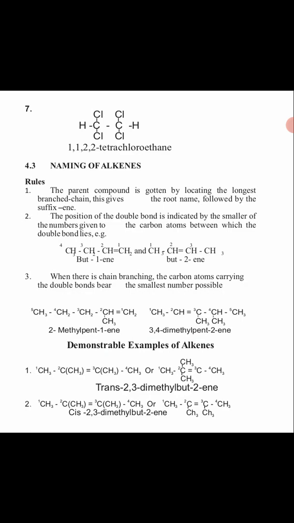You have to give the smallest possible number to the carbon atom after or before the double bond. That means you have a carbon atom before the double bond, and a carbon atom after the double bond.